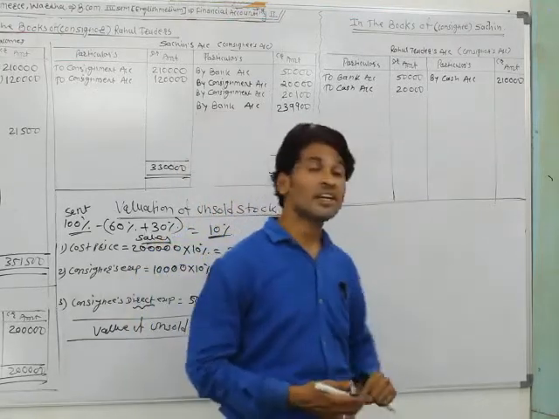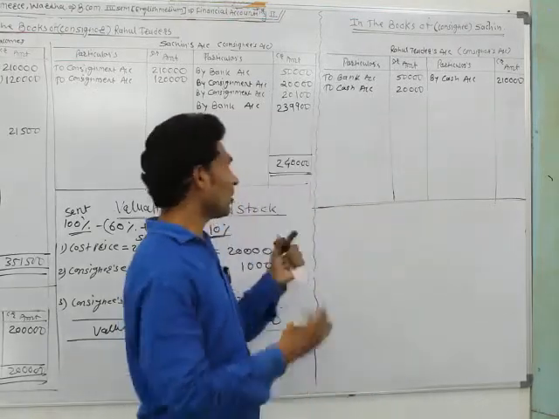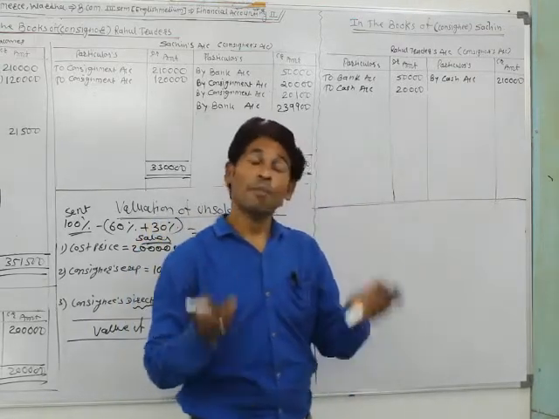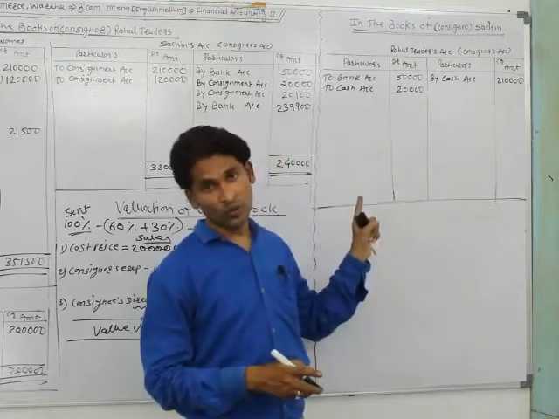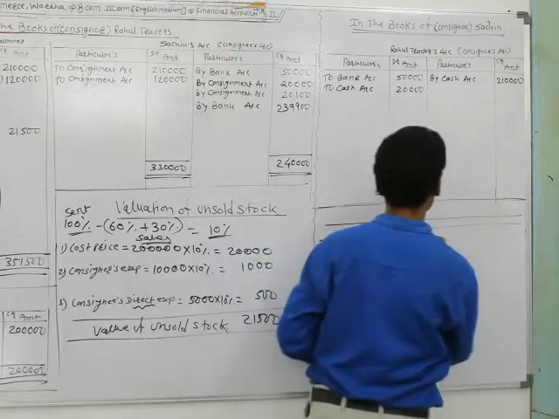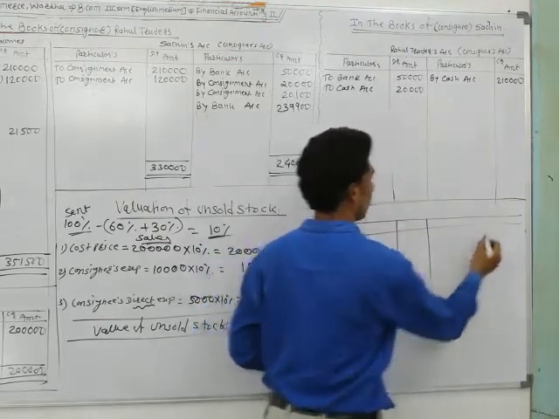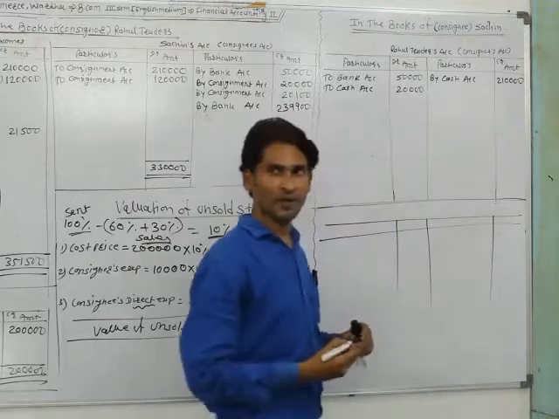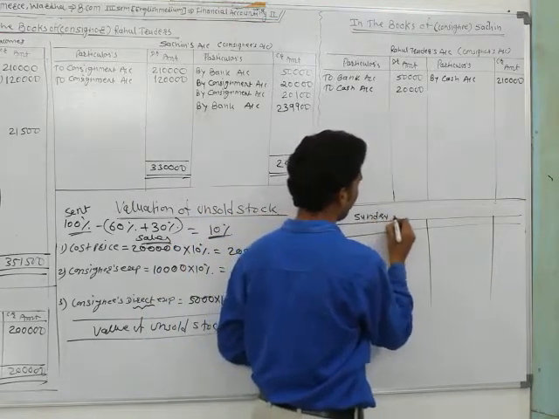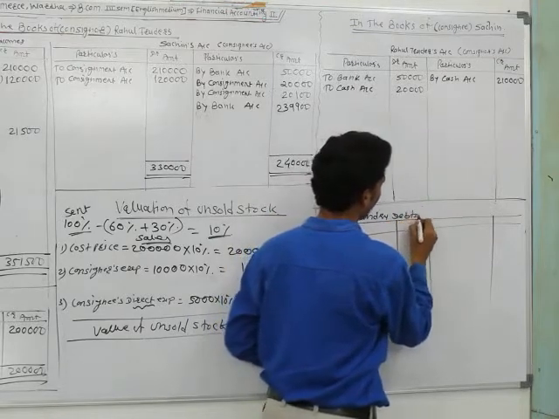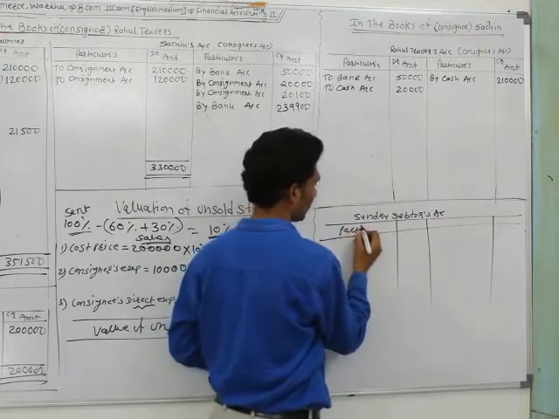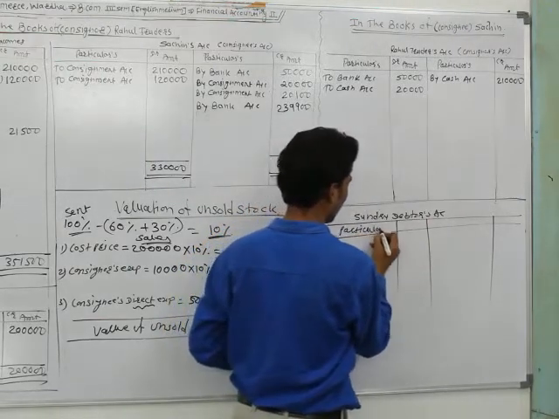We call that person a debtor. But when we do not know the number of persons or to whom we have sold the goods, we just prepare the sundry debtors account. In the example you may not be shown the debtors account, but when it sold the goods, it prepares the sundry debtors account.